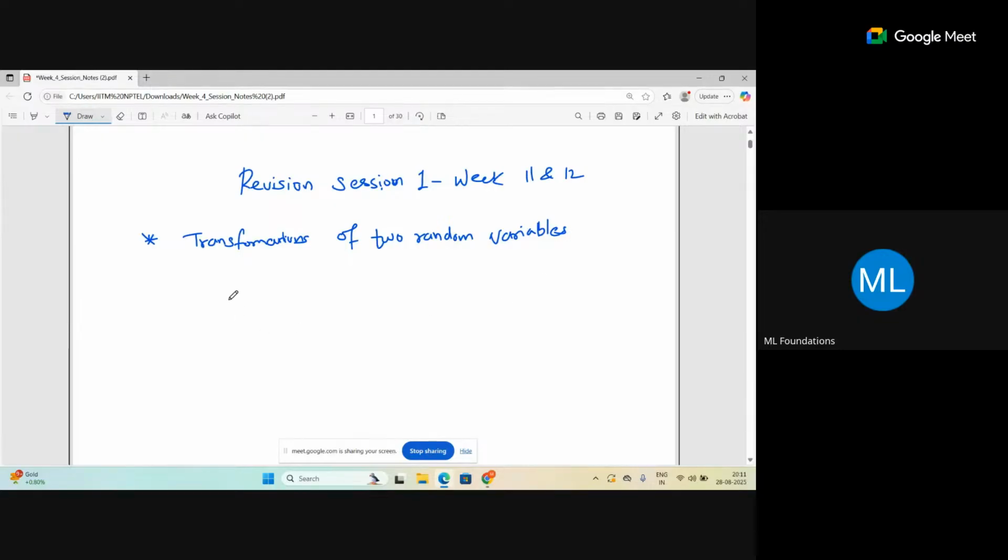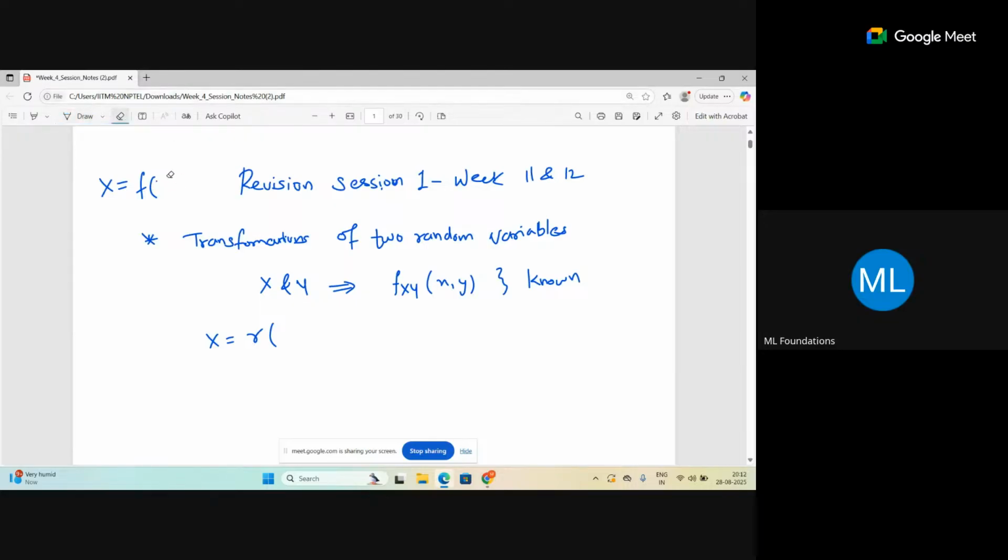For example, let's say x and y are the random variables for which I know the joint density. Fine, so this is known to me. Let's say x is some function, r, of w and z, like f of w comma z.